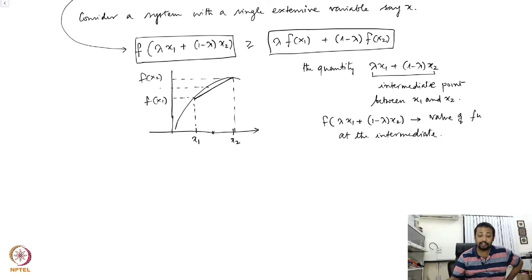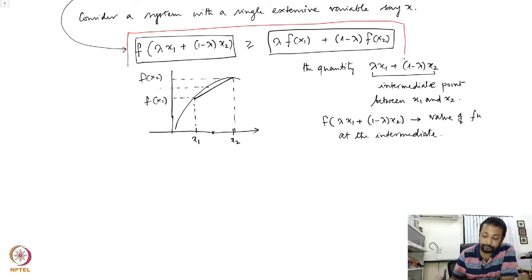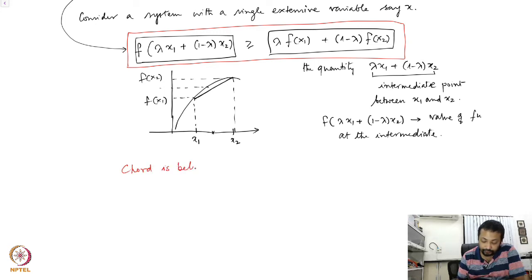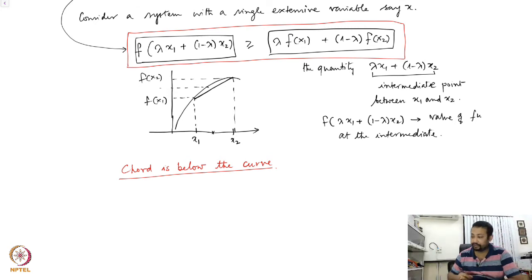So if you carefully look at this inequality, it effectively means that the chord is below the curve. The idea is extremely simple.